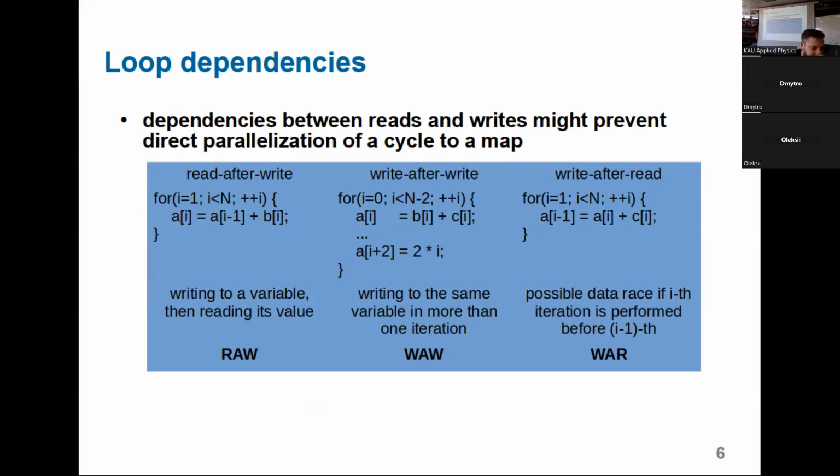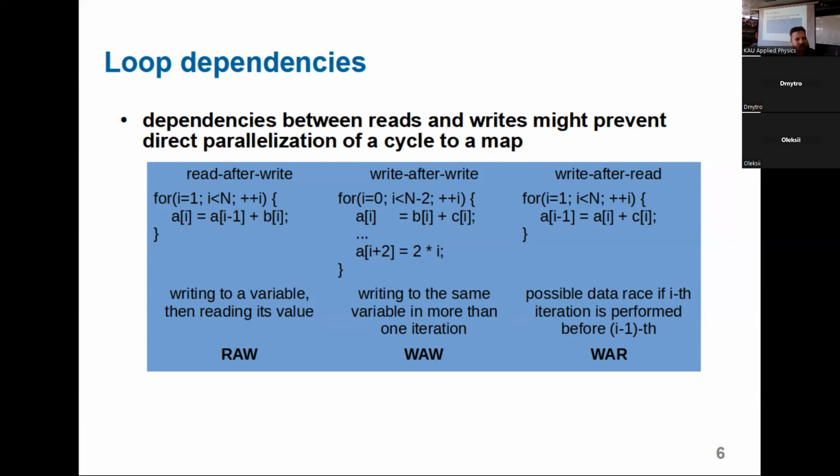So loop dependencies are situations where the result of your loop iteration depends on the result of some previous iteration.